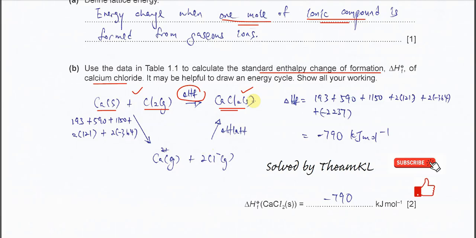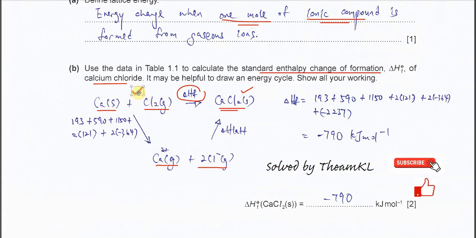The one that you can use to link these two is obviously the gaseous ions, because the elements, calcium and chlorine, can ionize and form gaseous ions here, and these gaseous ions can form the solid. So the gaseous ions are the only thing that can link these two together, which we need to use for the calculations later.